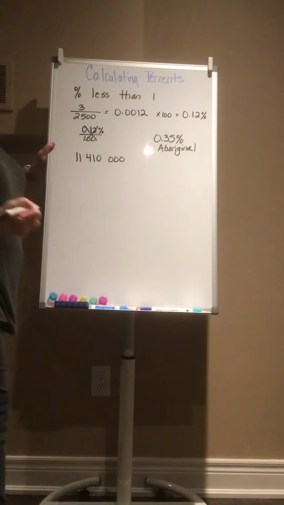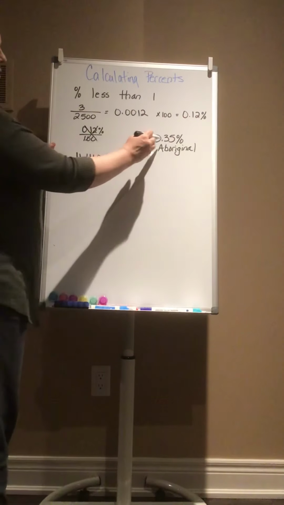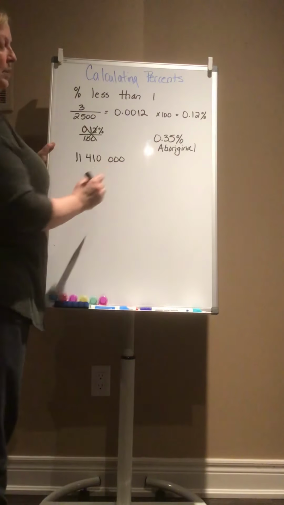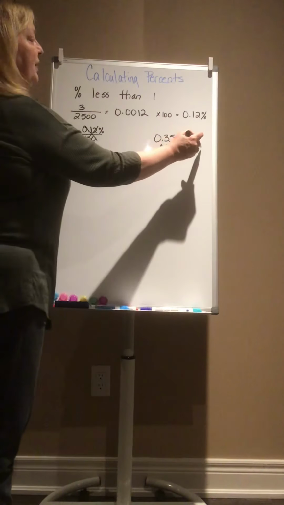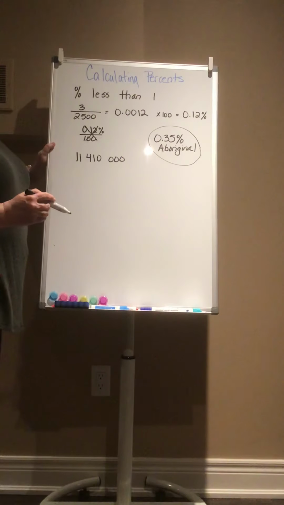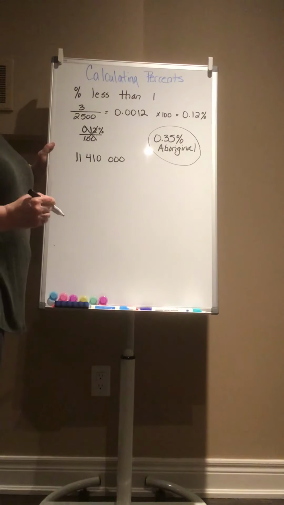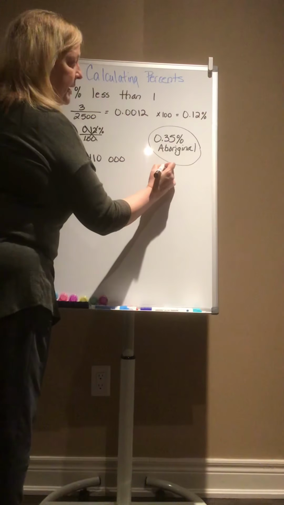Now, if you're going to make a mistake here, chances are you're just going to multiply by decimal 3.5. Remember, decimal 3.5 as a percent is 350%. You will have increased the Aboriginal population by 24.65%. That's not what we want. So we want to convert this percent to a decimal.